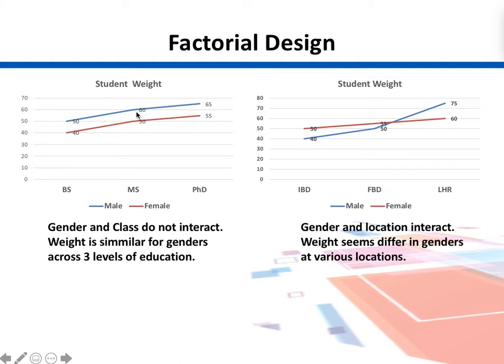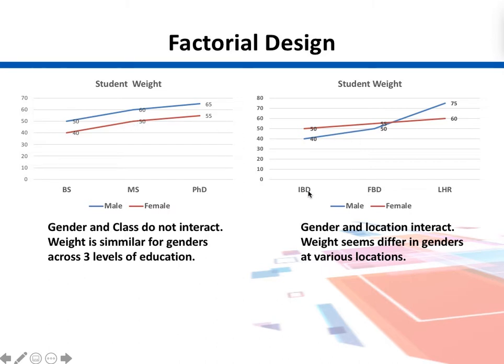The response is quite similar in both of these genders, and it seems to get higher as the level of education goes up. That depends, obviously, on your age growing, and your growth going on, so we can expect that, and we see a similar trend in both genders. So here the lines are running parallel.